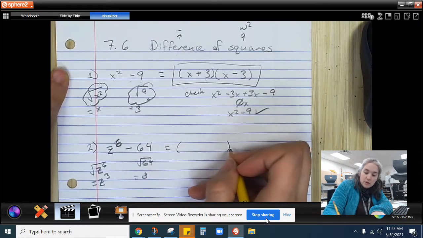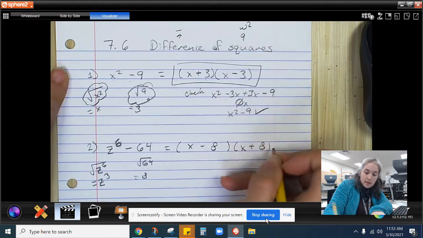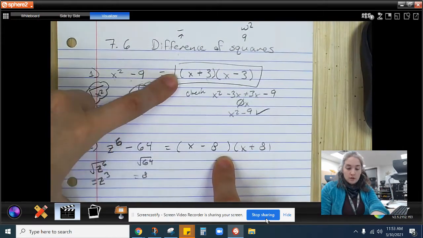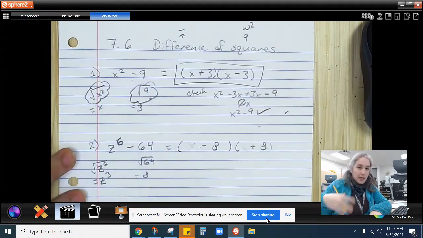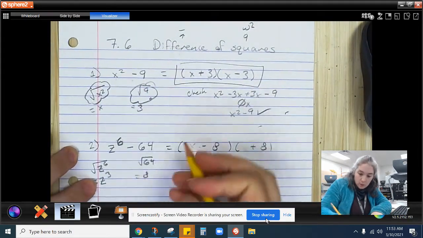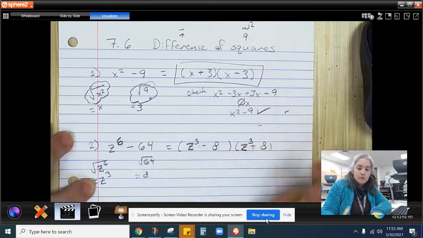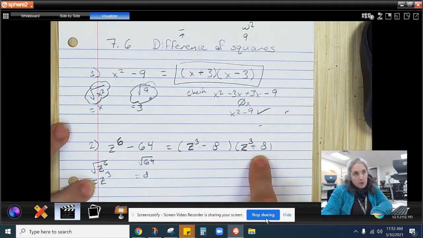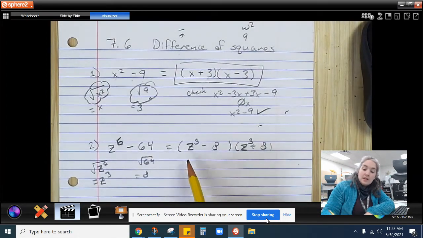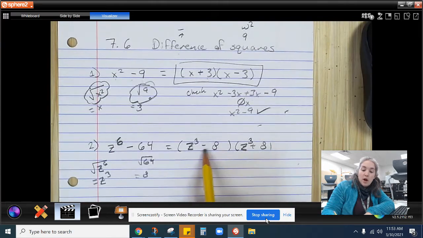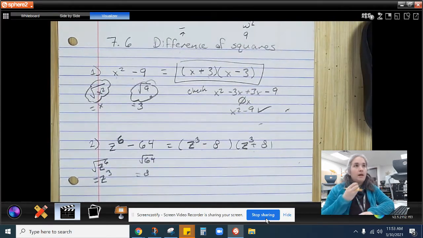So the factors should be z cubed minus 8 and z cubed plus 8. Excuse me, I said x earlier, I got into my x's. It does not matter which comes first, the subtraction or the addition. It's equally the same.